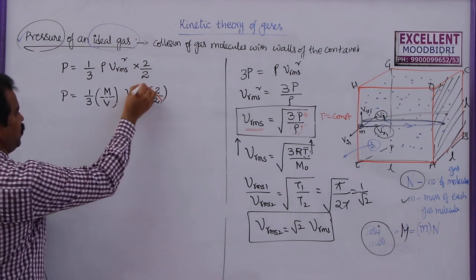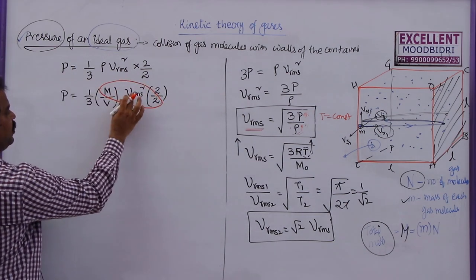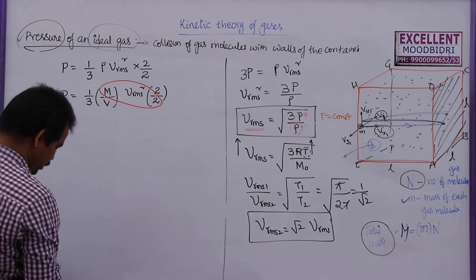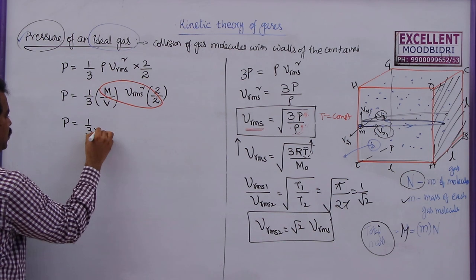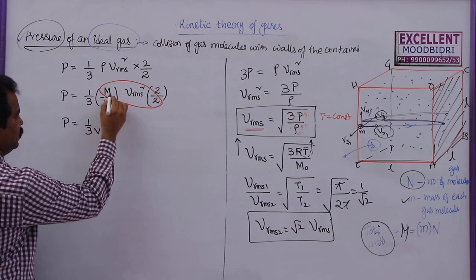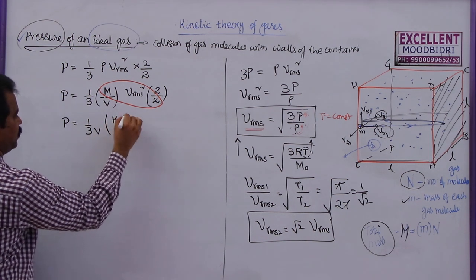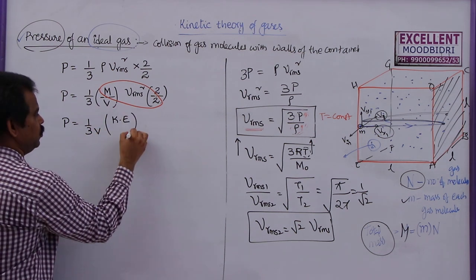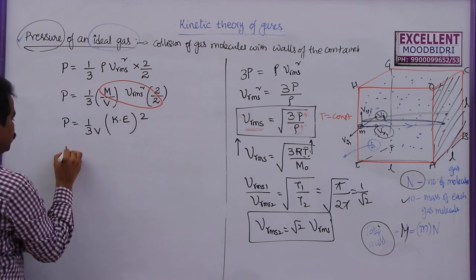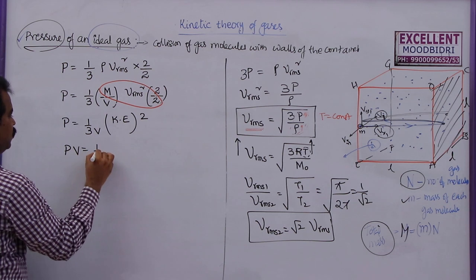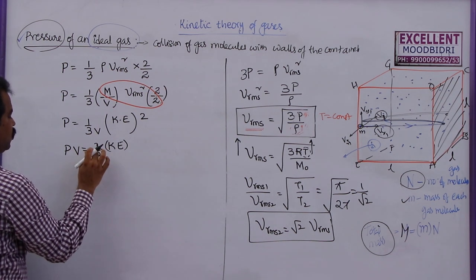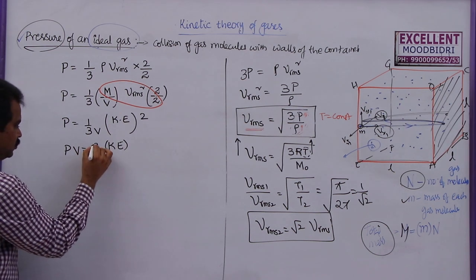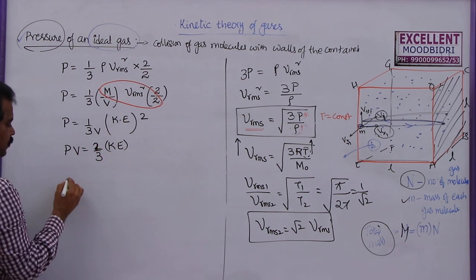So the kinetic energy of any body is equal to mv square by 2, that is half mv square. Now you can write, pressure is equal to 1/3 V into the kinetic energy of the entire gas, into 2. So PV is equal to 1/3 of KE into 2, or 2/3 KE.